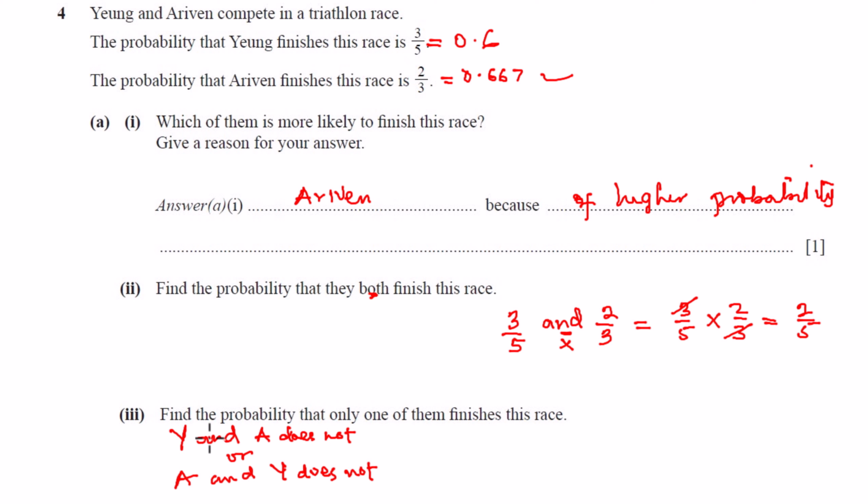So for the first situation, if Young finishes, that's 3 over 5, and means times, Arvin does not means 1 minus he does. This is going to give us 3 over 5 times 1 minus 2 over 3, which is 1 over 3.